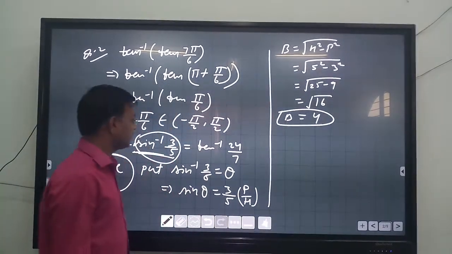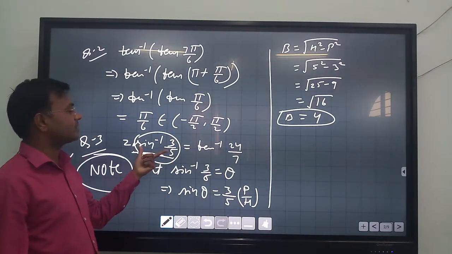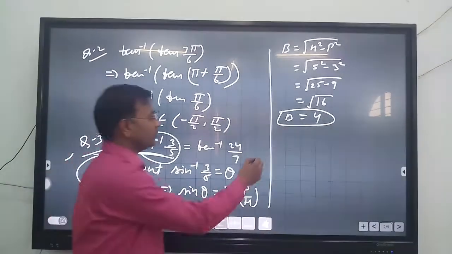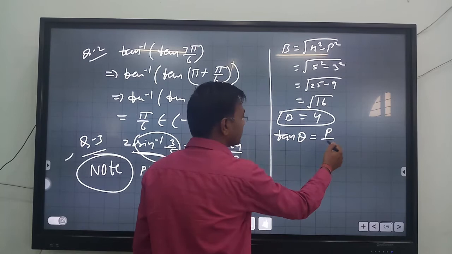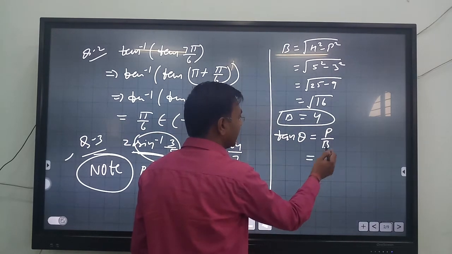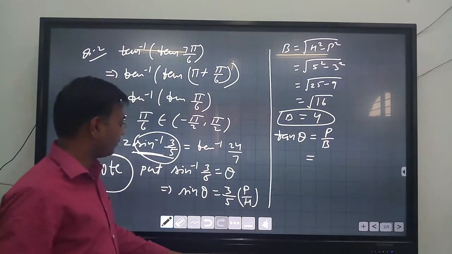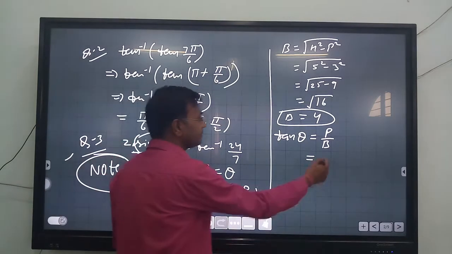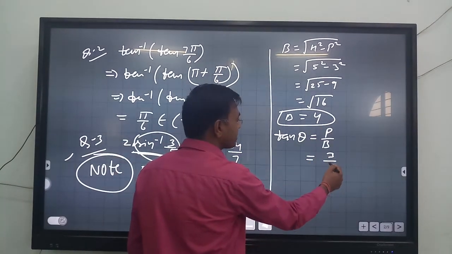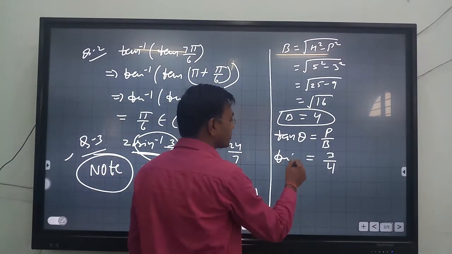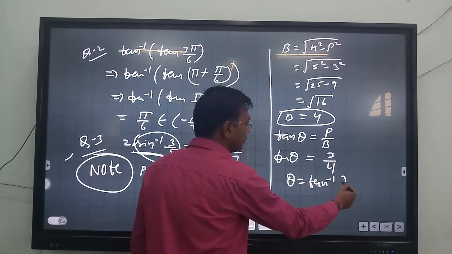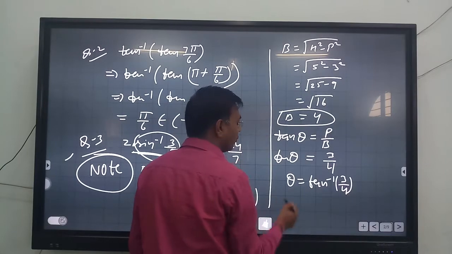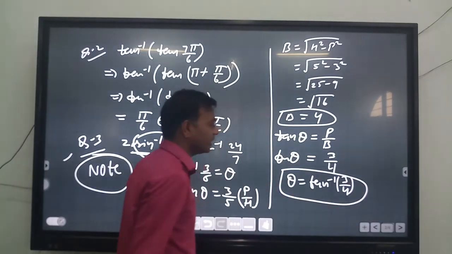Now we want this sin inverse in terms of tan inverse. So now use the formula of tan theta. What is tan theta? P by B. So perpendicular is 3 and base is 4. So this is tan theta. Therefore theta will be tan inverse 3 by 4. Clear?